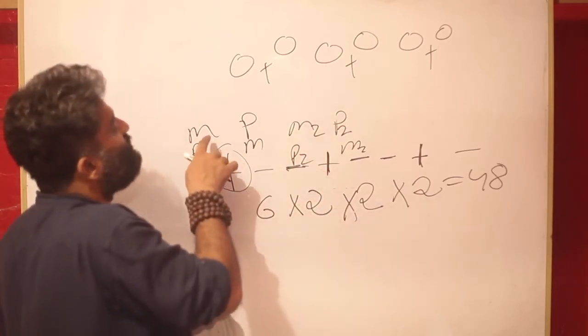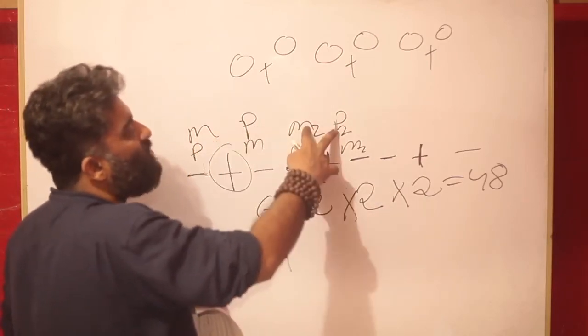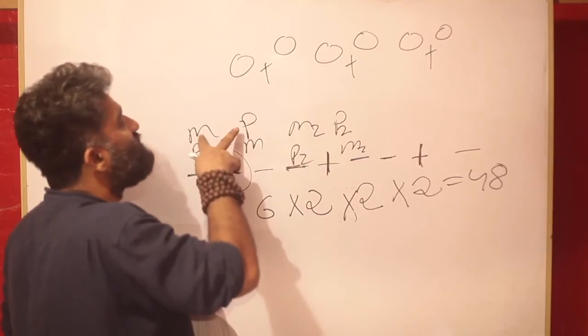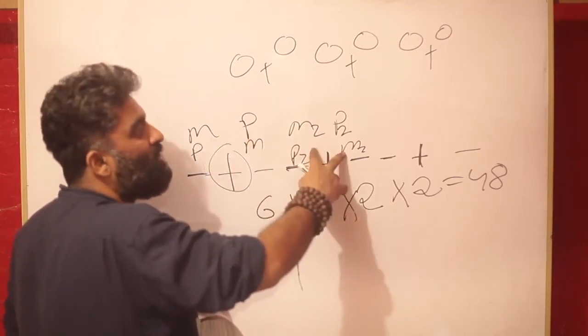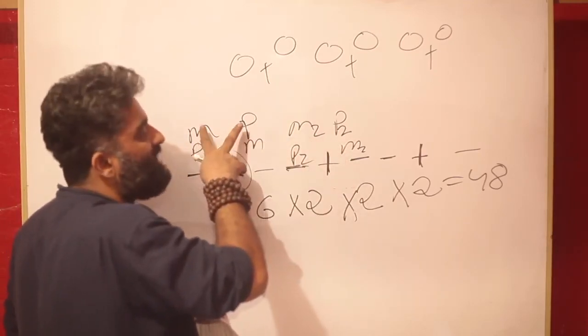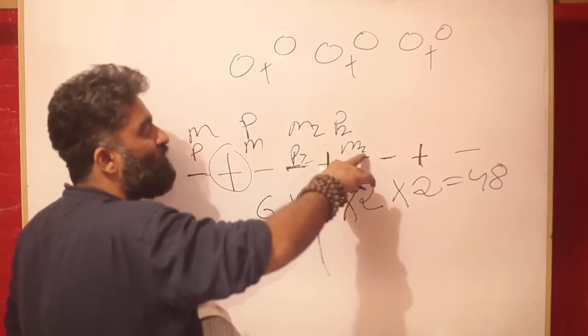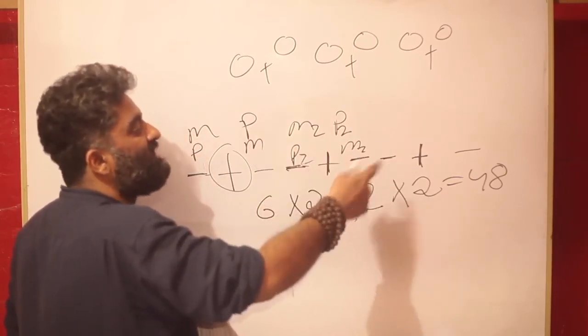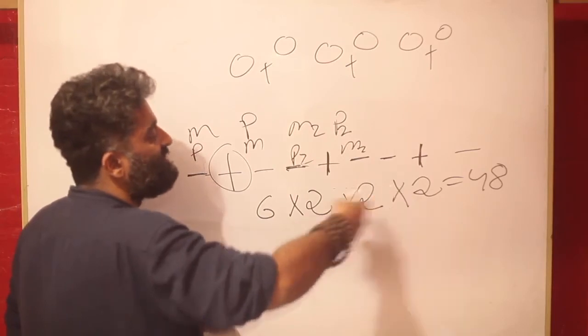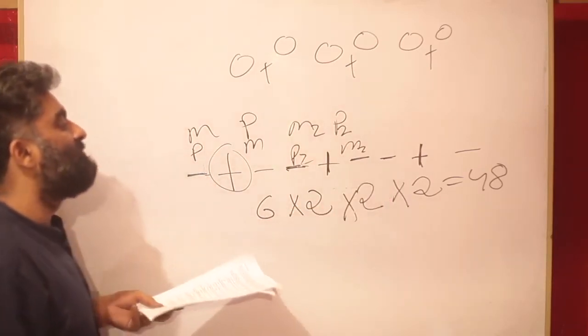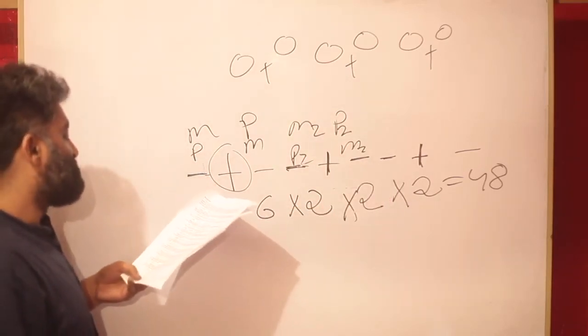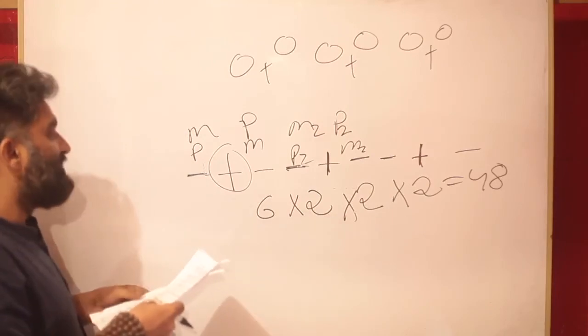Why? Because you can have a mom pop and a mom pop, which would be 1 way. You can have a mom pop and a pop mom, mom pop 1, and pop 2 and mom 2, which would be another way, right? So therefore they are getting multiplied with each other, and your overall answer would become 48. So for question number 8, your answer should be D.